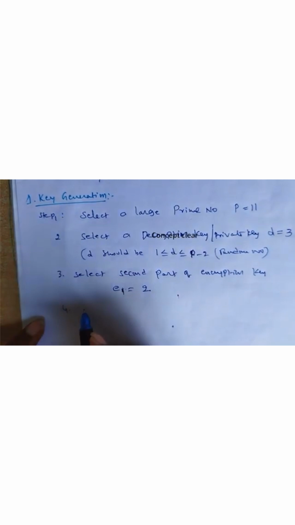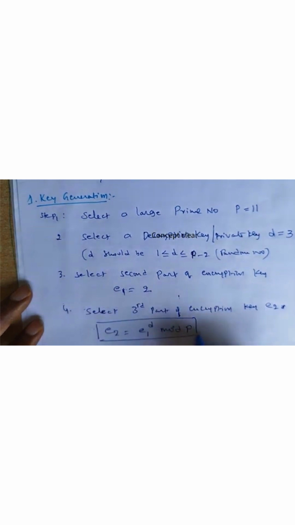And what is the fourth step? Fourth step, we have to select the third part of the encryption key, E2.